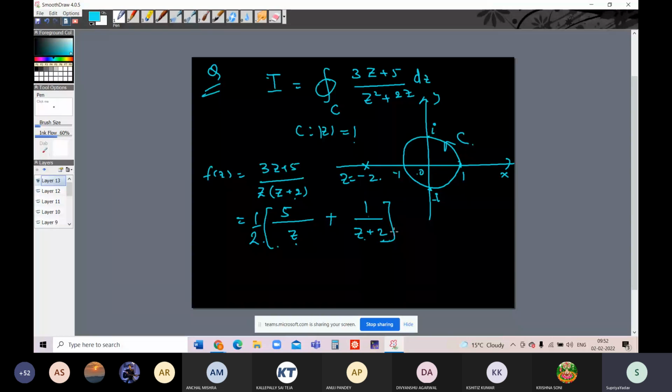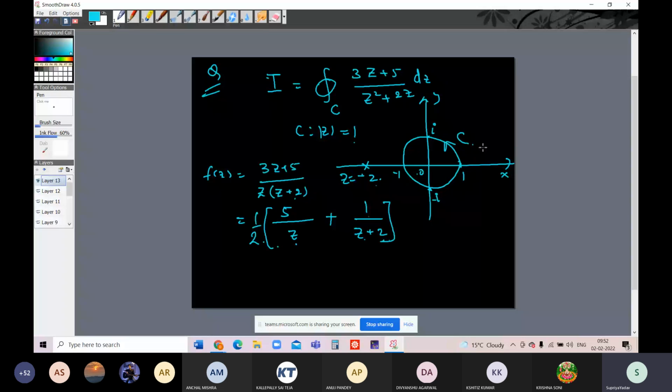The function 1/(z + 2) is a rational function, analytic at every point inside C and also on the boundary of the closed curve C.